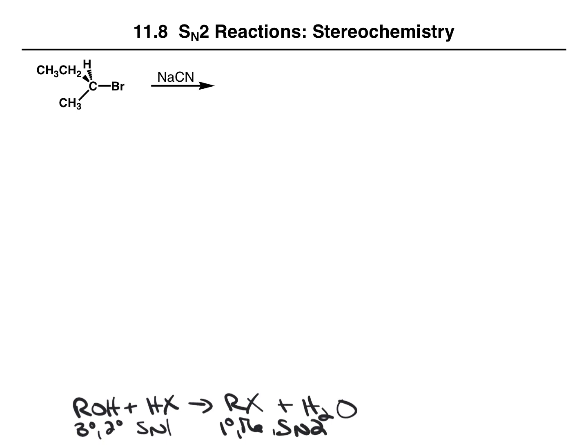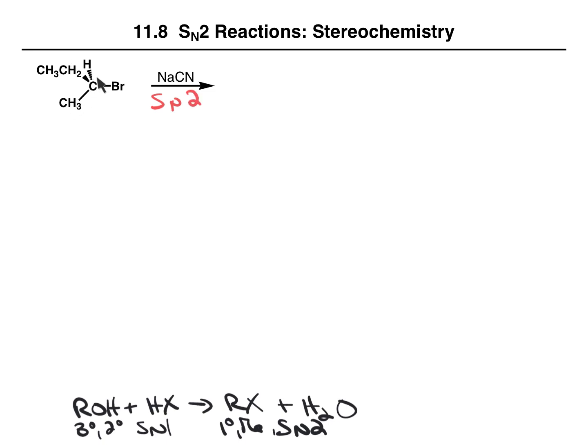But with other types of nucleophilic substitution reactions, spoiler alert, tertiary will still proceed by SN1, primary and methyl will still proceed by SN2, but secondary can undergo either SN1 or SN2 depending on the nucleophile that's used. We'll talk more about that later, but for now, I want you to trust me that this particular reaction can proceed through an SN2 mechanism.